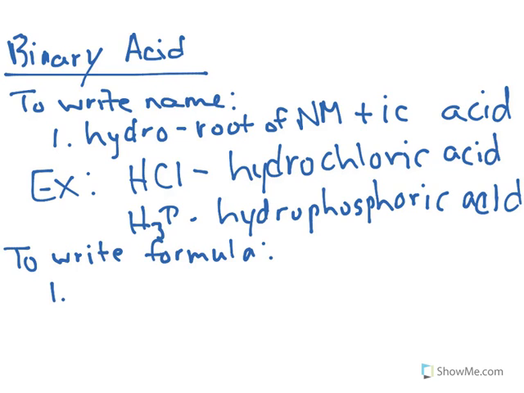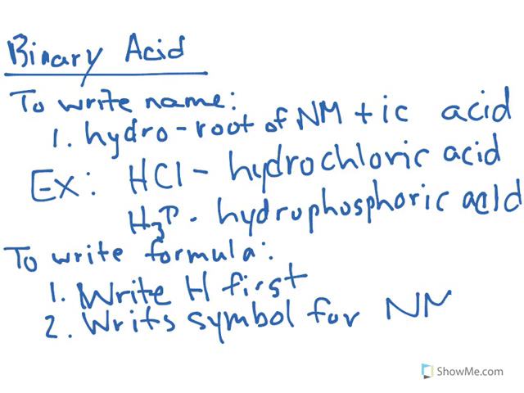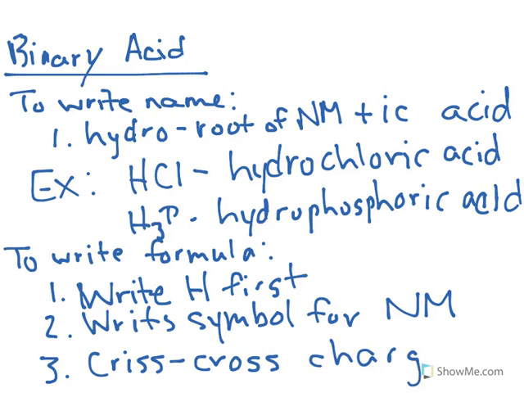So to write the formula, you're going to write an H first, write the symbol for the nonmetal, and you crisscross charges on this. Now hydrogen is group 1, so it's always +1. So really, you're just going to take the charge for the nonmetal and put it on the hydrogen.